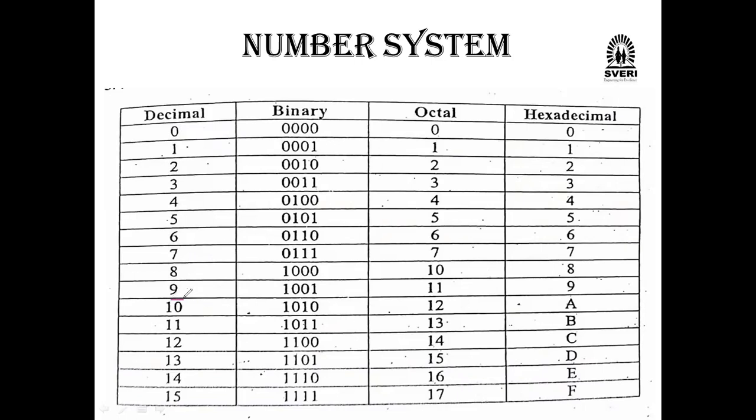For 0 we write 0 0 0, considering the octal numbers, only up to 7 we can consider. So for 0 we can write 0 0 0, and then 0 0 0 1. These are all 0, and here 1 we have to write.